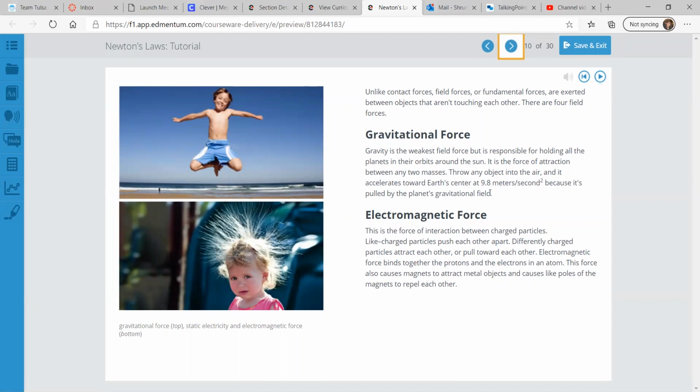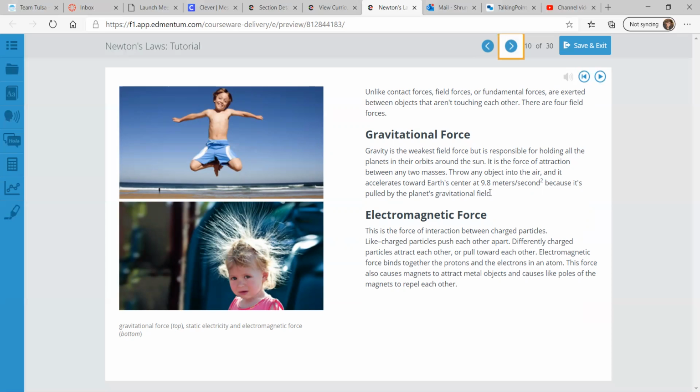Now, those were contact forces. Field forces, or fundamental forces, are exerted between objects that aren't touching each other. And there are 4 of these field forces. One is gravitational force. It's the weakest field, but is responsible for holding all the planets in their orbits around the sun.